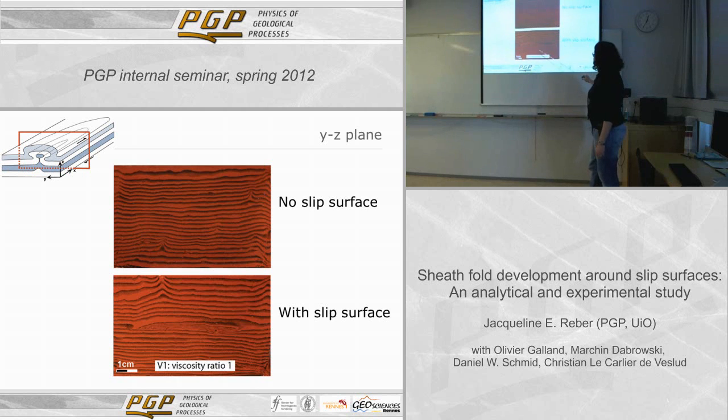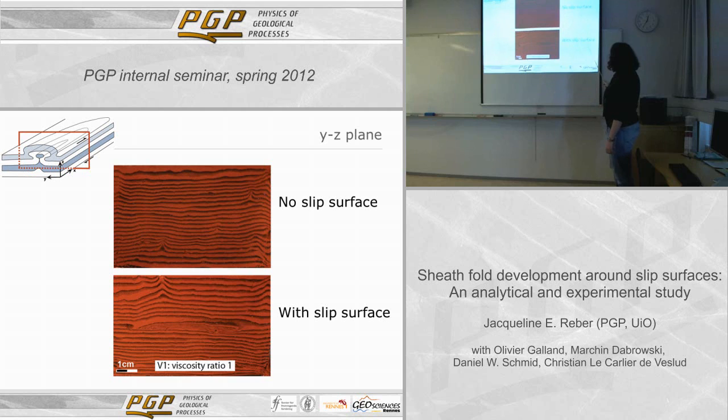These 2 pictures are cross sections perpendicular to the stretching direction. In the first experiment, we had no slip surface. We subjected the whole experiment to gamma 6, and the layers look like that. So they're horizontal. We see some small perturbations which are due to air bubbles which were trapped in the model, but it's definitely not a sheath fold, and these air bubbles are a side effect of the method, not what we wanted.